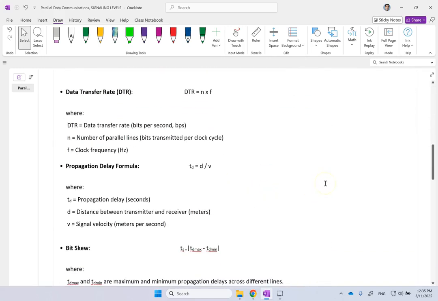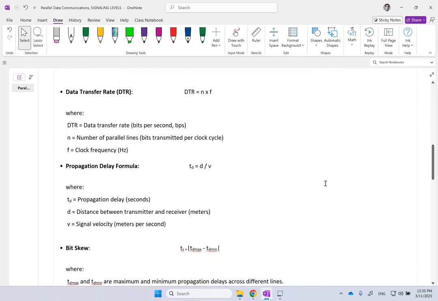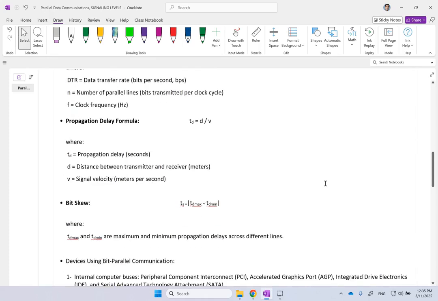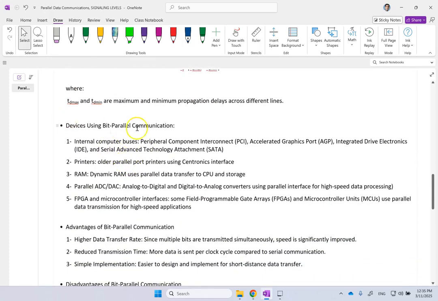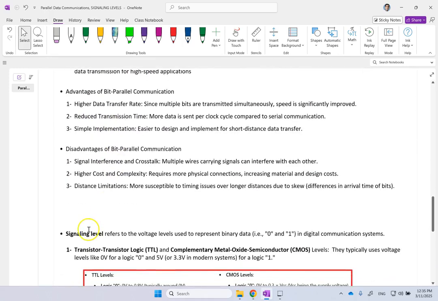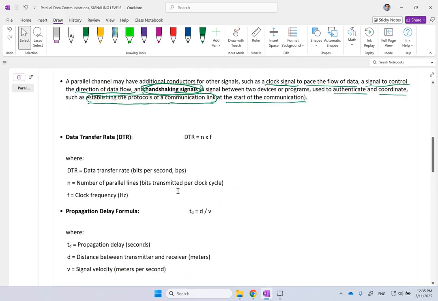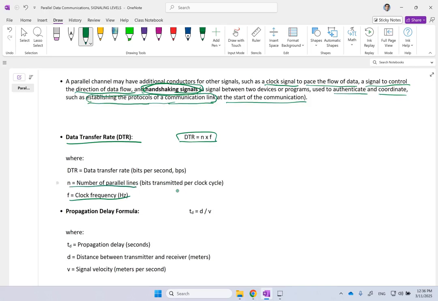Now there are a few very simple formulas that I want to show you, and then we briefly talk about what kind of devices are using it, the advantages and disadvantages, and then, as I said, we go to signal levels. The first thing is the data transfer rate, or DTR, which is N times F, where F is the clock frequency at which you are sending your data, and N is the number of parallel lines.